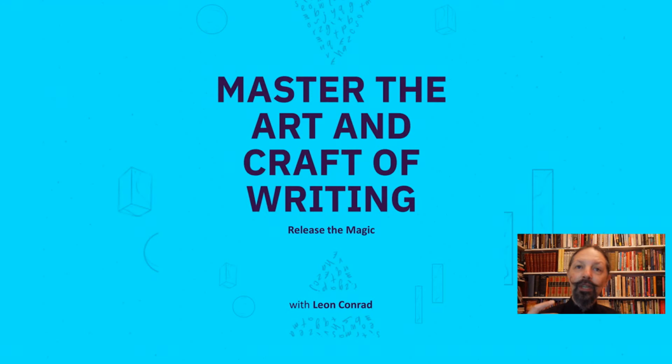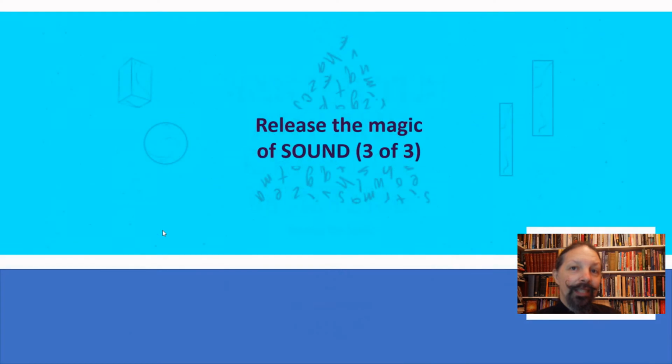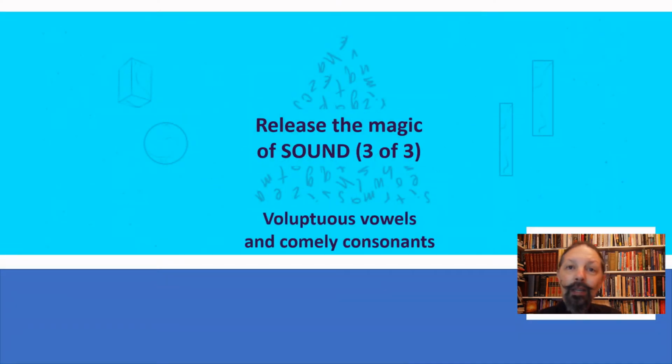And in this video we're going even deeper, to a level that many creative writing manuals or primers or series of exercises don't cover. And I want to share my love of the depth of this level with you in this third video. We're going to be covering voluptuous vowels and comely consonants.